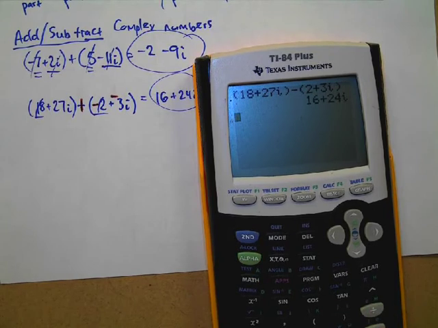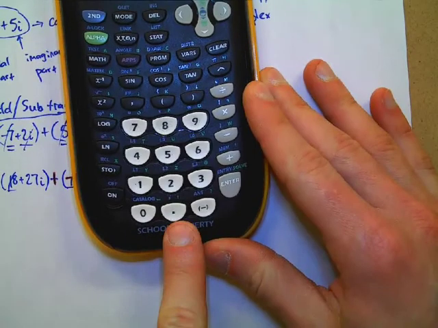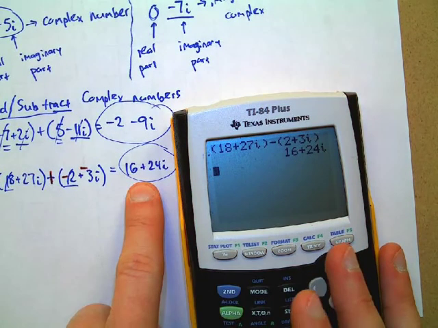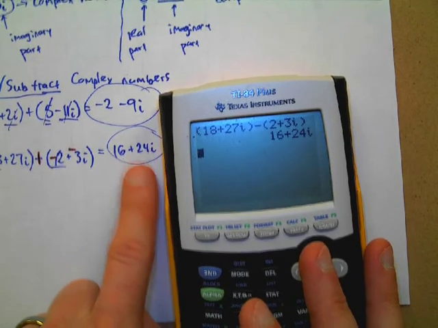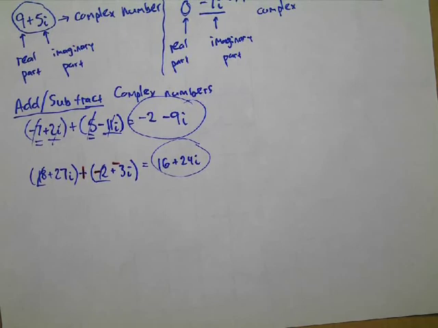Second button, and then the decimal point. Second decimal indicates the i. And look at that, 16 plus 24i. The calculator will do it for you. So if you don't have a graphing calculator, you're missing out on making life really easy for yourself.